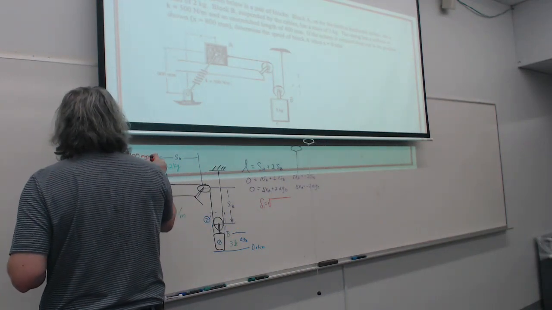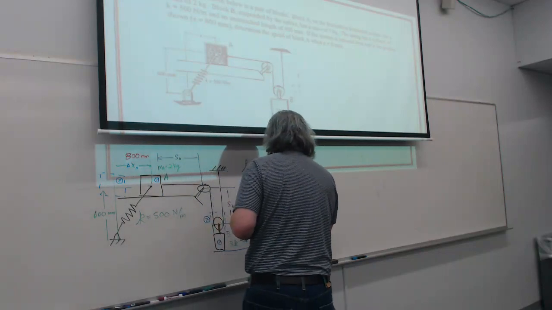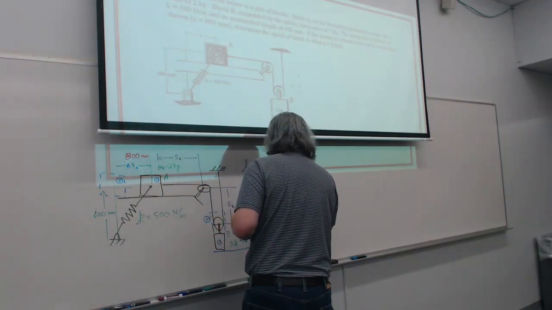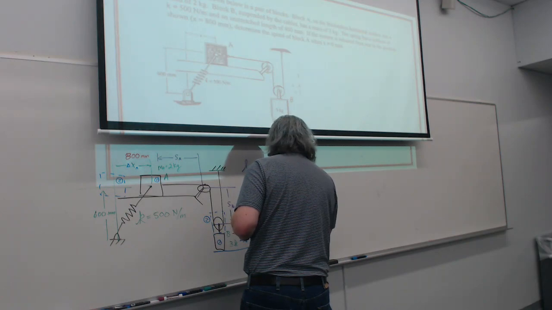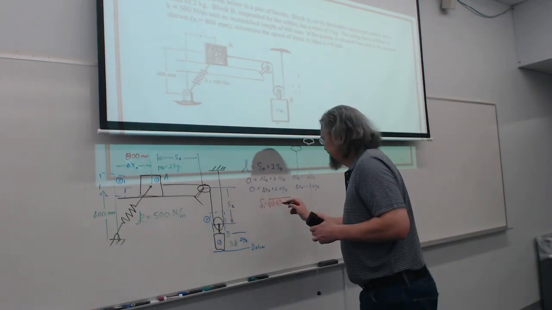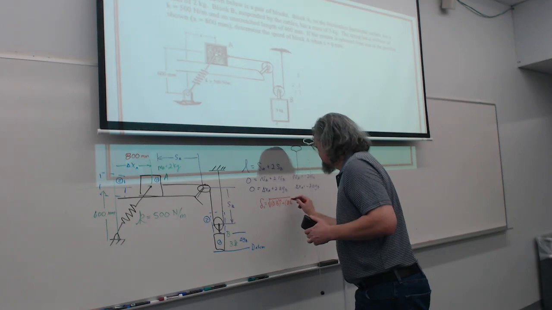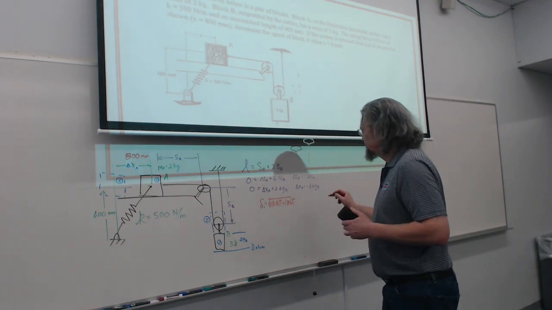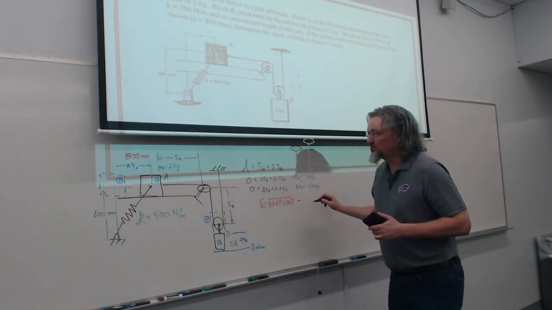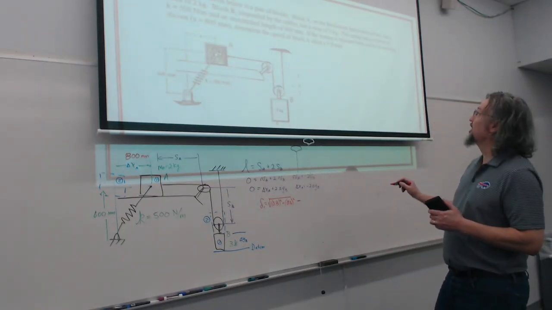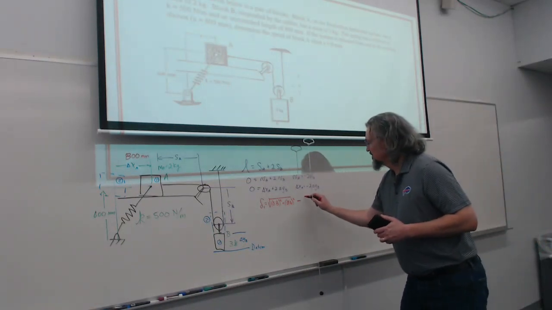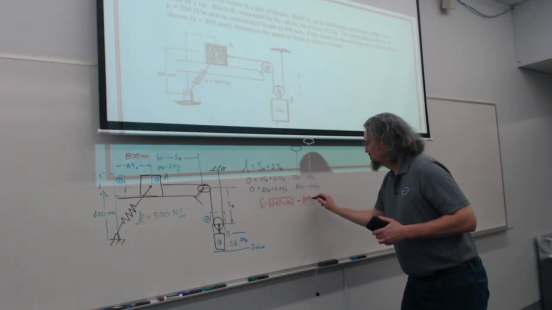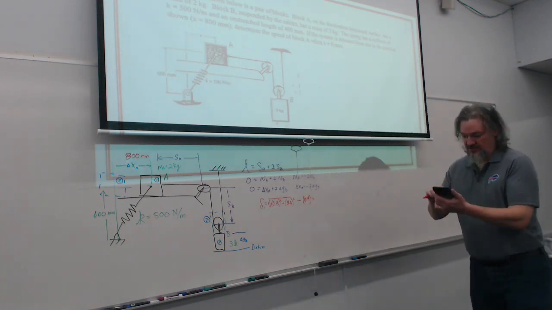We might as well put it into meters because we're not going to use millimeters for our calculations. So we go 0.6 squared, right? But we need to subtract out the unstretched length. So 0.4. So that's where it starts out.